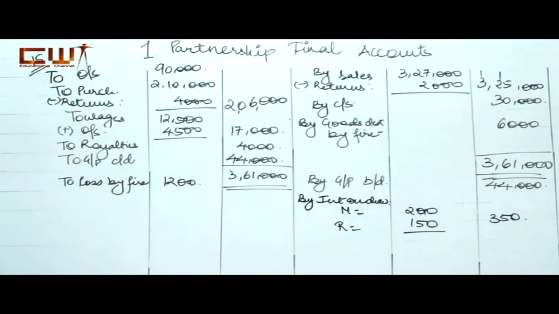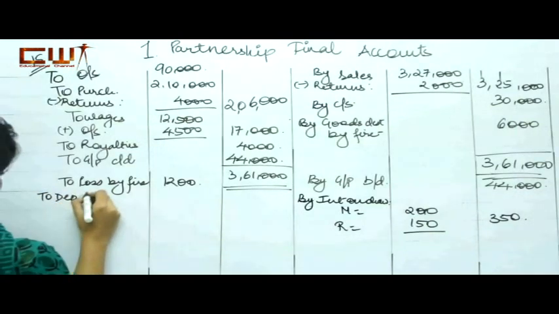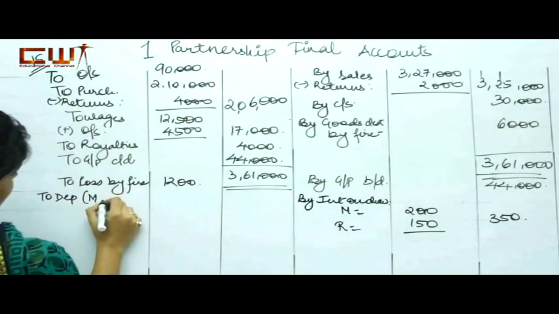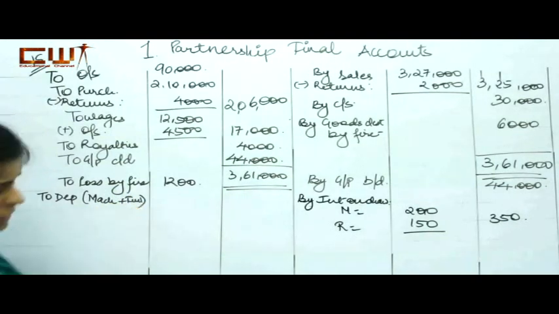Anything else? You have depreciation. Write the depreciation for machinery and furniture. See how much has been given to you? 7.5% on machinery. Machinery is given to you as 80,000, so you have to calculate 7.5% on 80,000.